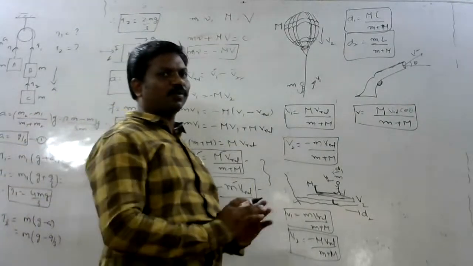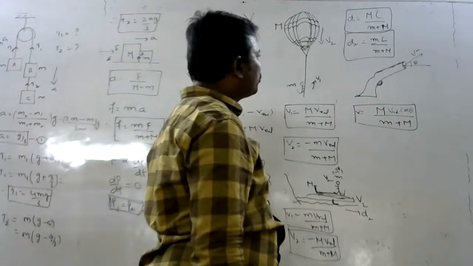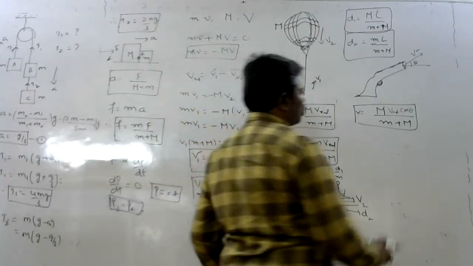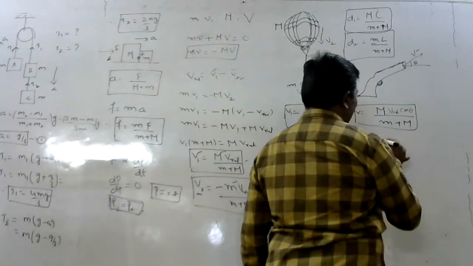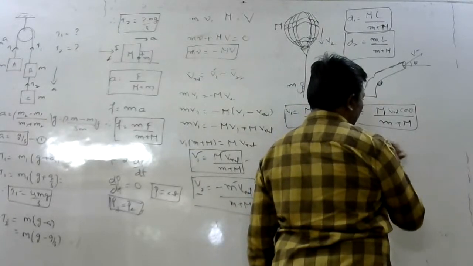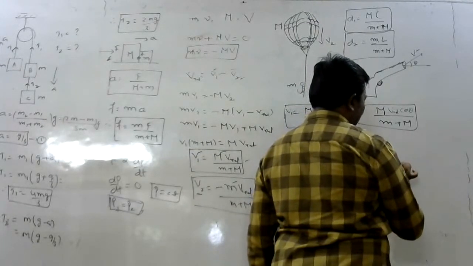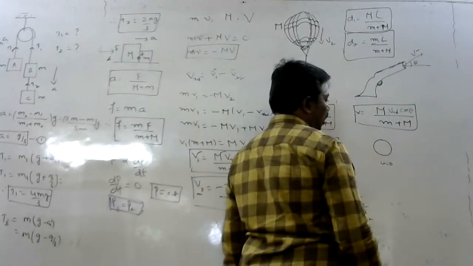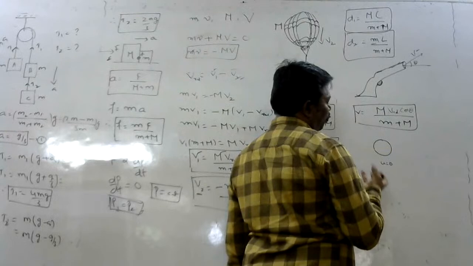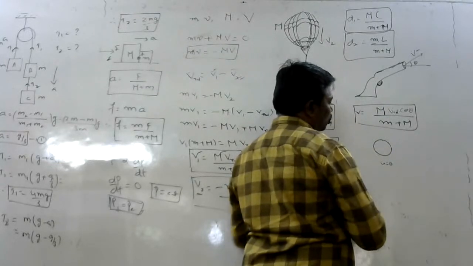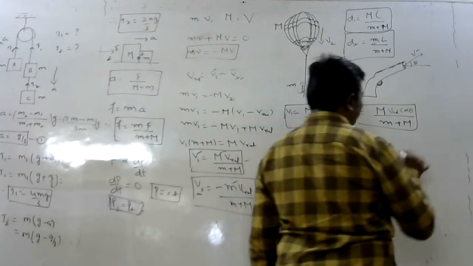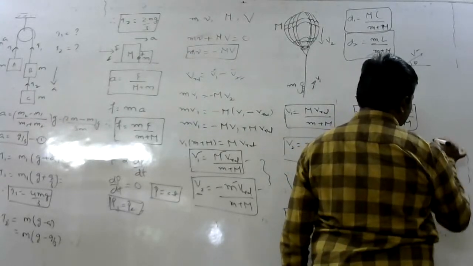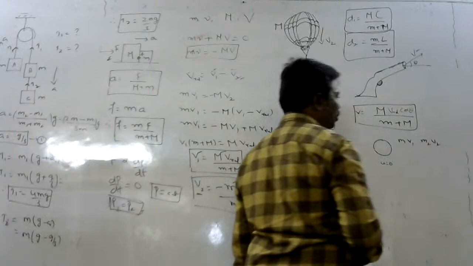And also another example is explosion of bomb. Here initially we consider a bomb. Initially at rest means u is equal to 0. If the bomb breaks into two pieces, one piece of mass m1 with velocity v1 and another piece of mass m2 with velocity v2.